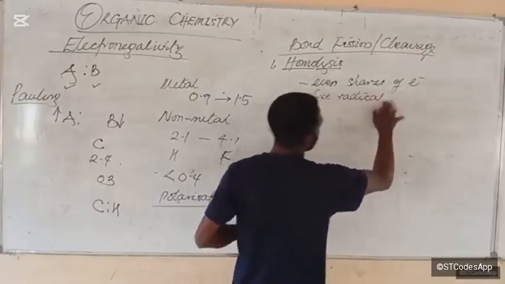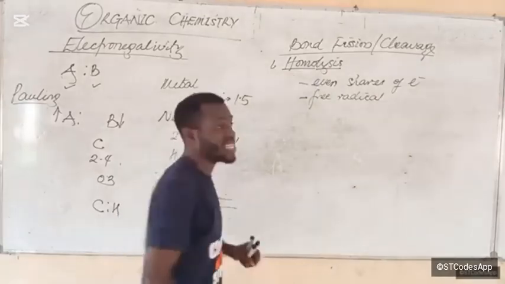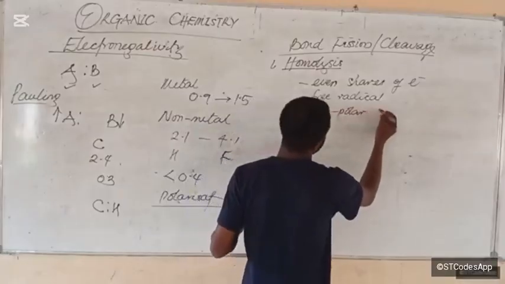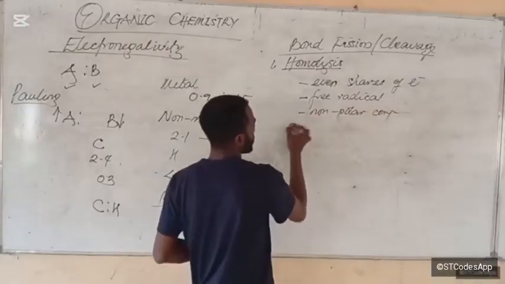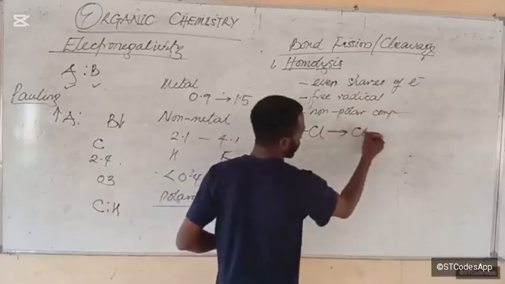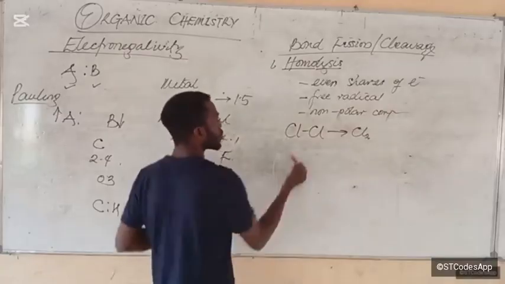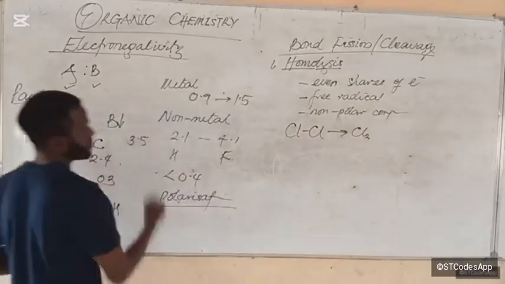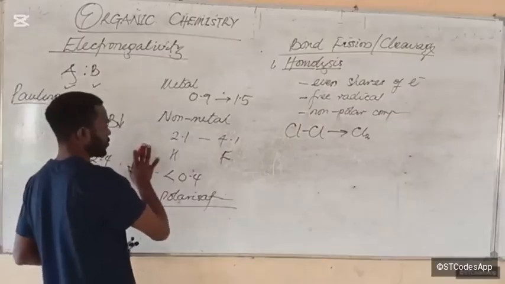And what is formed actually is a free radical. This homolysis takes place only in non-polar covalent compounds. For example, we have Cl to Cl, which forms Cl2, right? Now this bond is non-polar. Why is it non-polar? Because chlorine has an electronegativity value of about 3.5. No, 3.5 is that of oxygen.